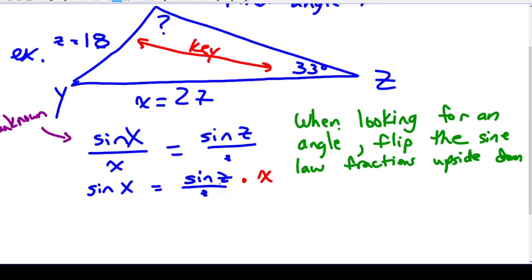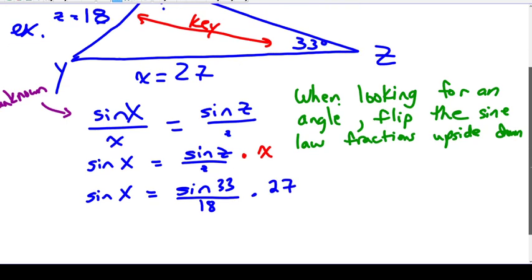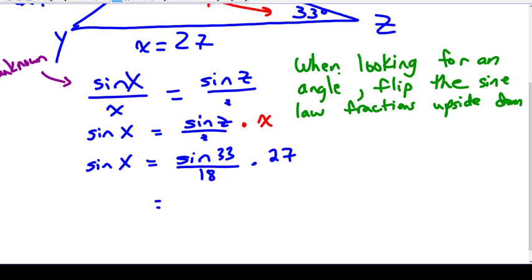Okay, so let's fill in our numbers. So we've got sine big X is equal to sine Z. Z is the angle, so 33 degrees, divided by little z, which is 18, times little x, which is 27, and I'm going to do this off to the side on my calculator.